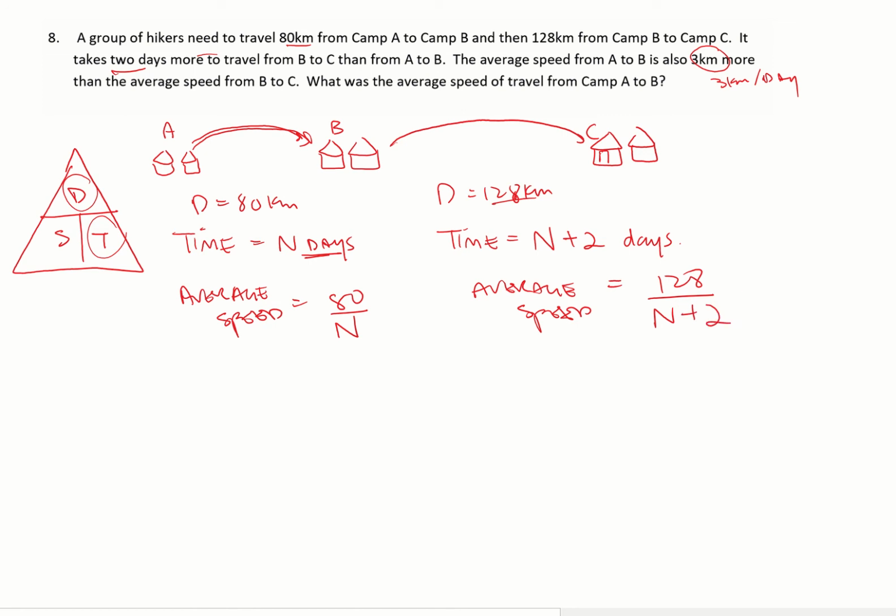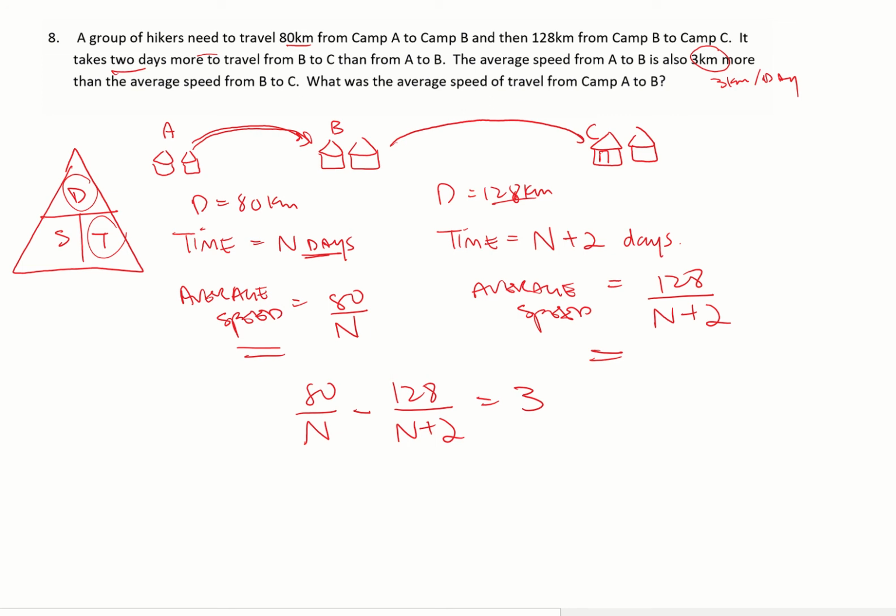That's your average speed. And if you look at the two average speeds, this one is faster and this one is slower, right? So if you take the average speed of the faster one, which is 80 over n, minus the average speed of the slower one, which is 128 divided by n plus 2, the difference is actually 3 because it's 3 kilometers per day faster.